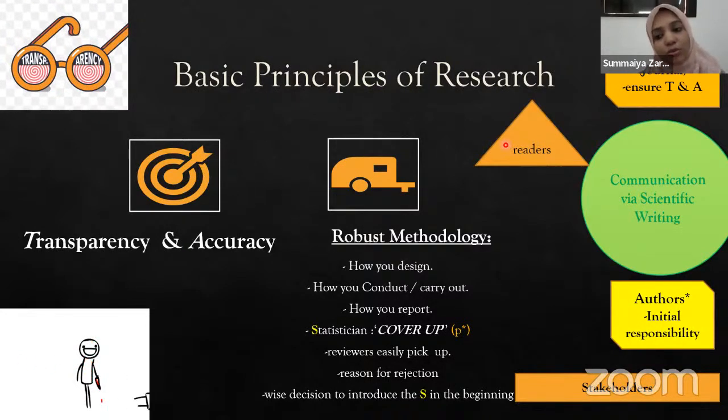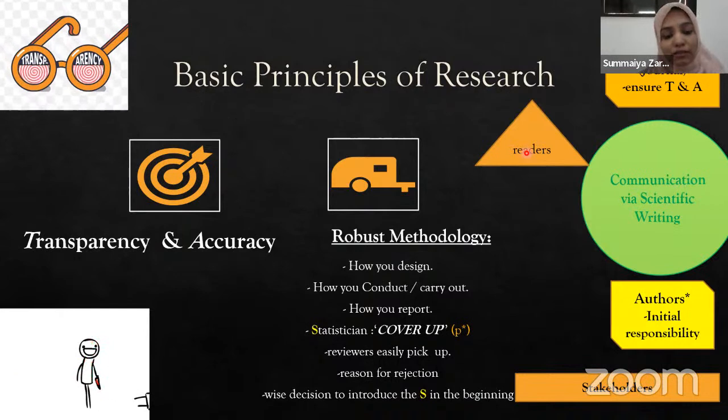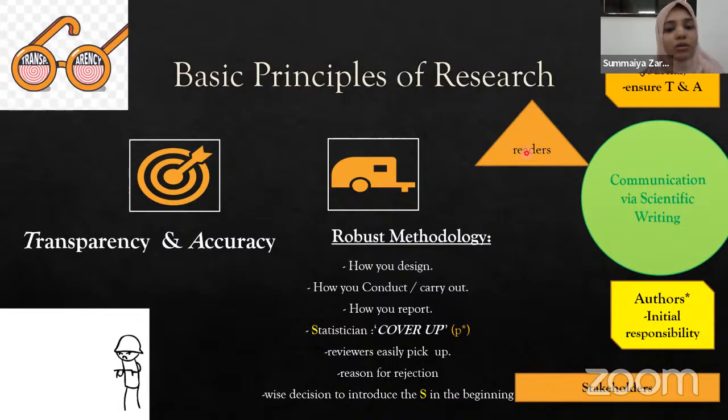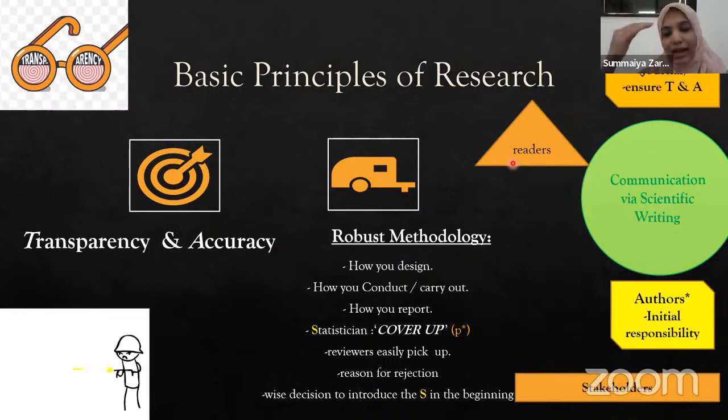And the readers can contribute to this communication via scientific writing when they review an article. The readers can also review an article after it has been published. It's called a post-publication review, where if the readers find a flaw in the methodology, they can simply write back to the journal in the form of a letter to the editor, stating these are the strong points of this article and these are the weaker points.